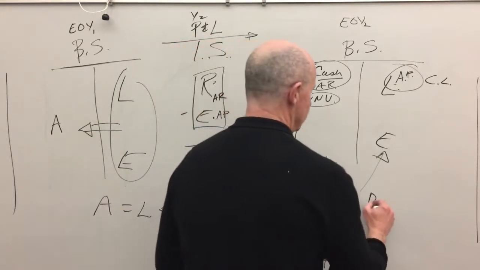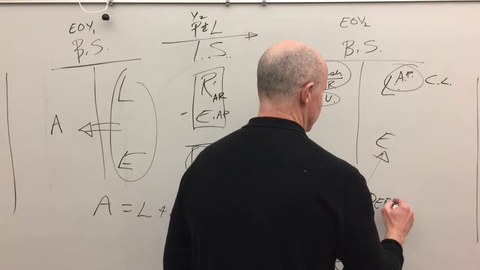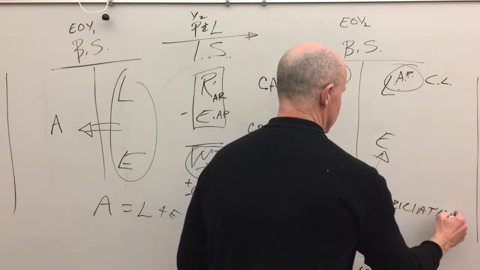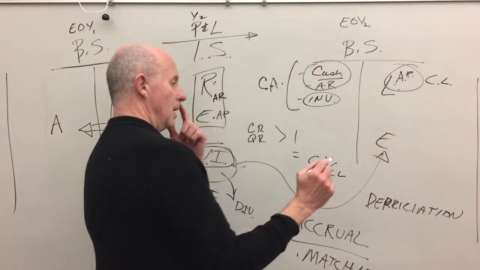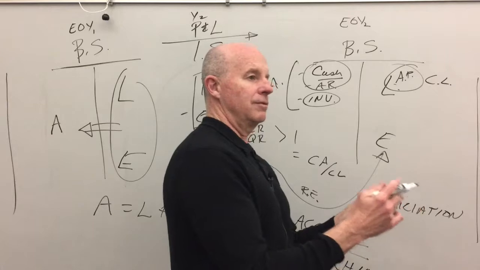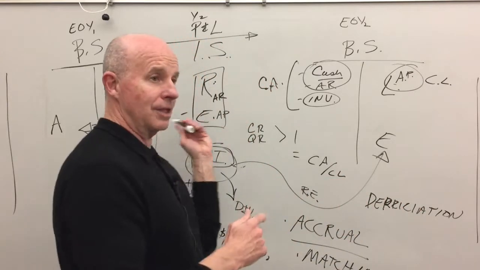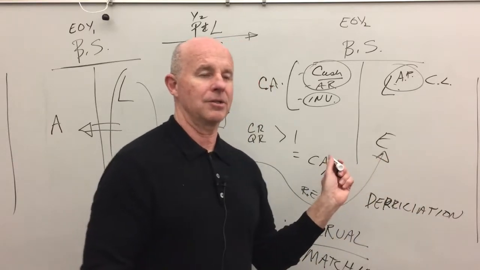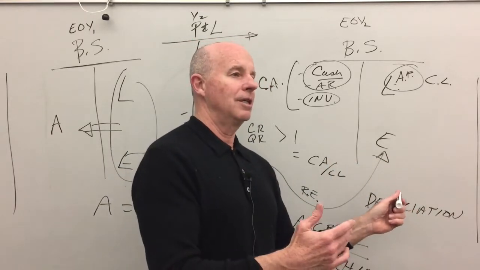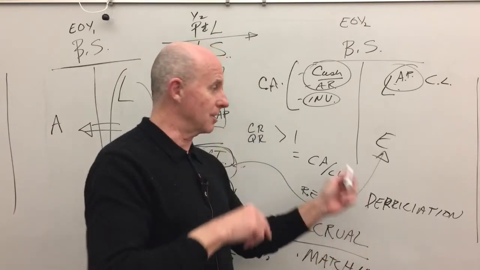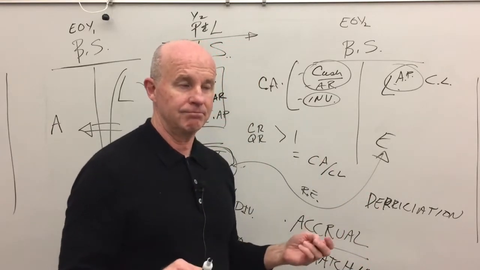So depreciation is when you spread out the cost of an income-producing asset that you bought over the life of that asset so that it more clearly portrays the use of that asset as an expense over time, right?